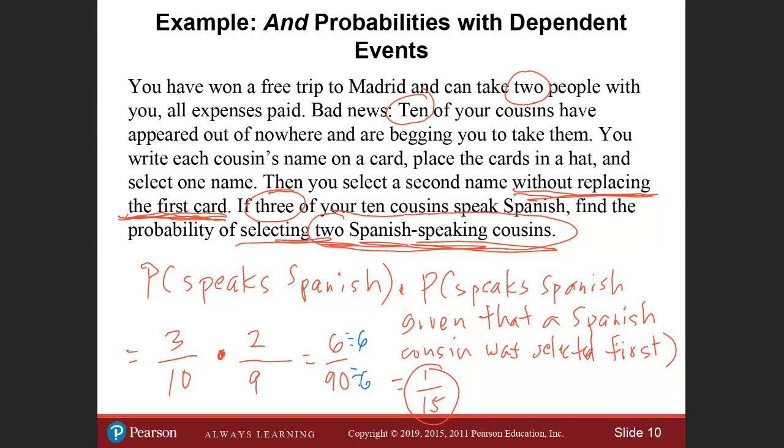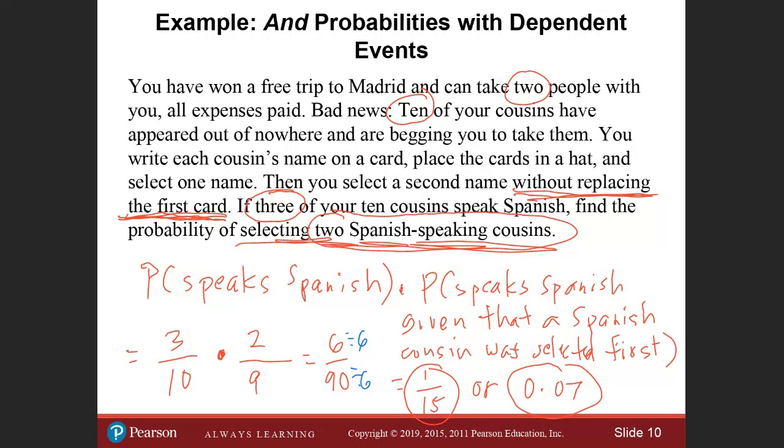You can also express your answer in decimal form. 1 divided by 15 will give you 0.07. So that would be also correct. And you can also say 7% probability.